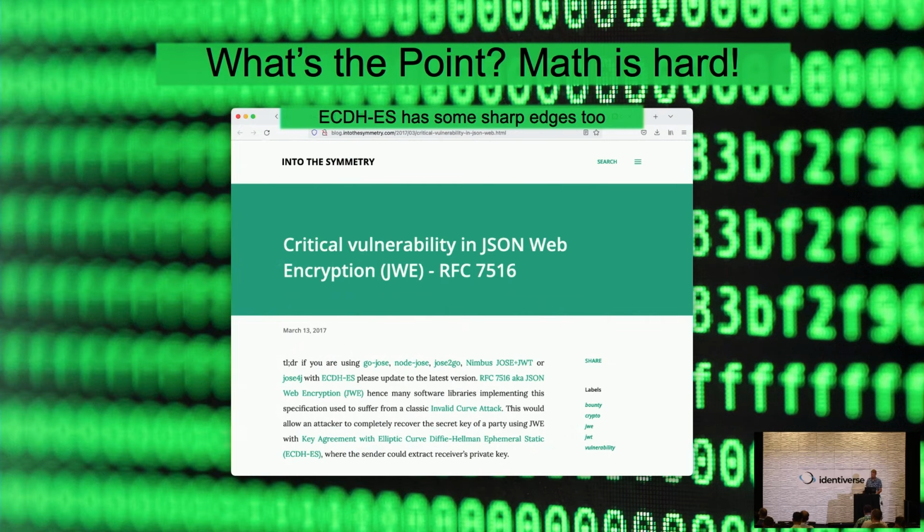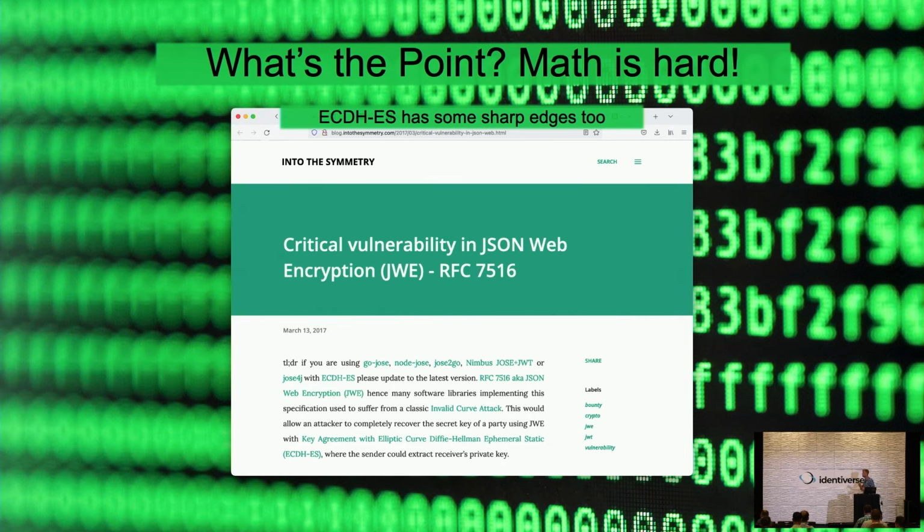Math is still hard. Elliptic curve Diffie-Hellman also has some really sharp edges. This one is a little bit older, but it was an attack on that ephemeral private key that I showed a bit earlier, where the sender includes their ephemeral key as part of the key negotiation.